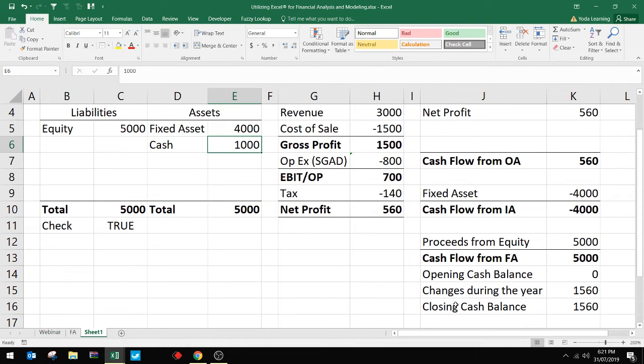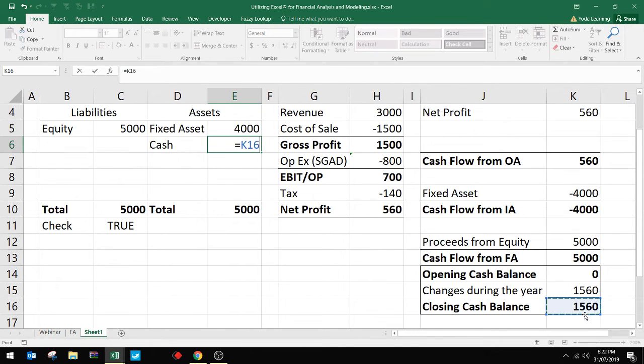Now you can press Ctrl Shift 7 and that will format by adding borders across that selection. So once again, click on cell E6 and type in equal to and link the cell of K16. The moment you do that, you're going to be greeted with the error sign of false because your balance sheet is not tallying. Why is it not tallying?